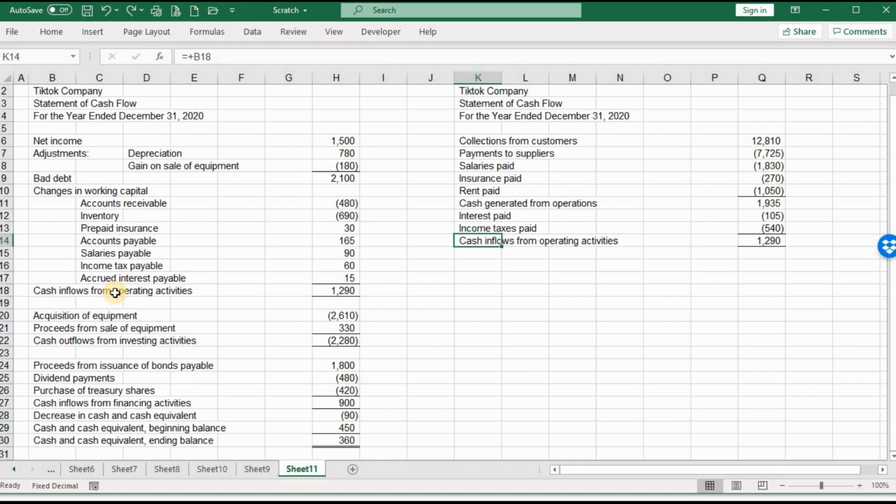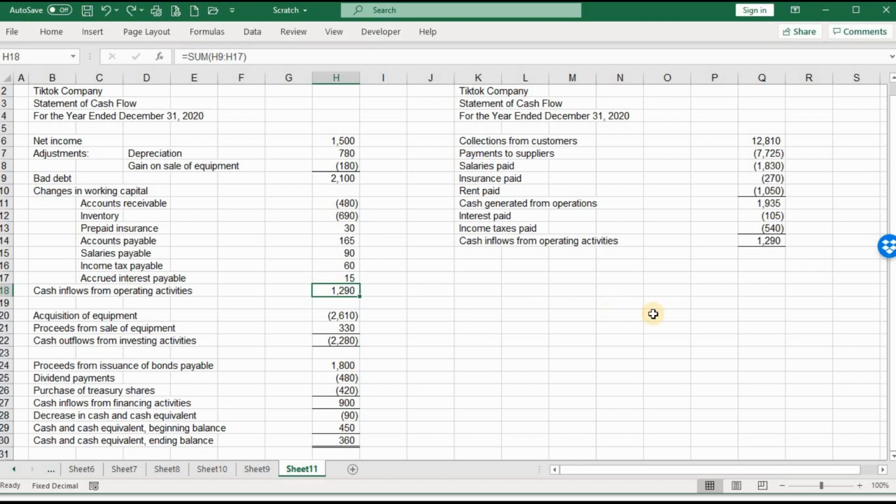Now, regardless of the approach, the cash inflows from operating activities must be the same. So under the indirect approach, the total of the cash inflows from operating activities is 1,290, while for the direct approach, the total is also at 1,290. The only difference is the presentation format.